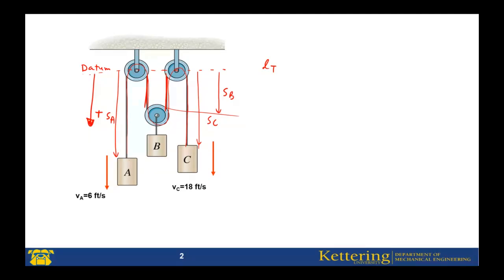The total length of the chord I can write based on the position of A, B, and C, and I neglect the chord around the pulleys. The total length of the chord will be SA plus 2 times SB plus SC. This is the position equation, first step.